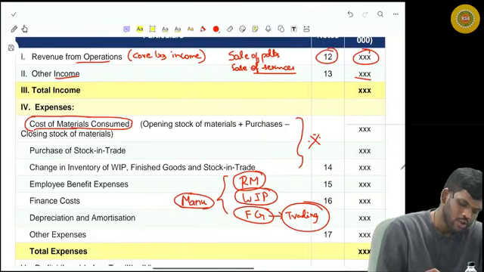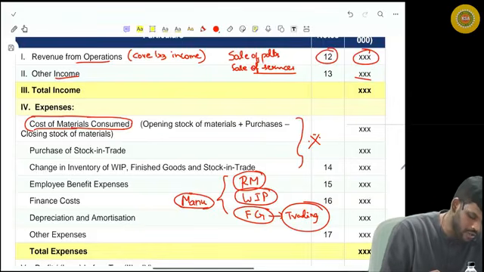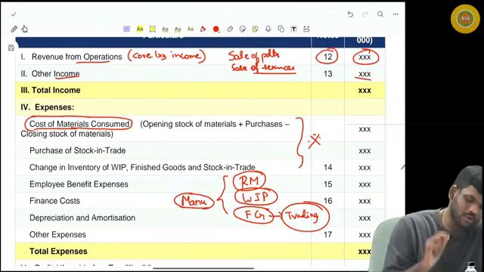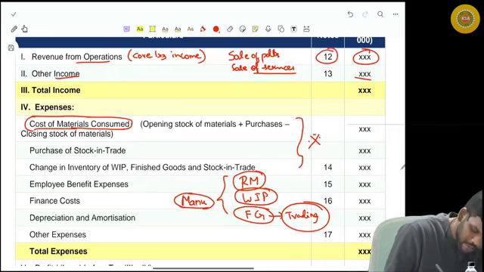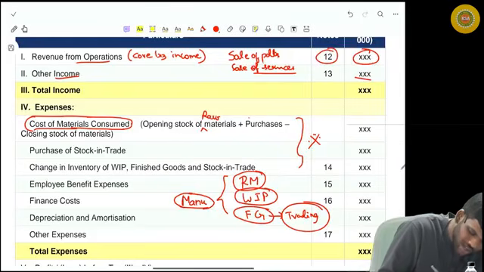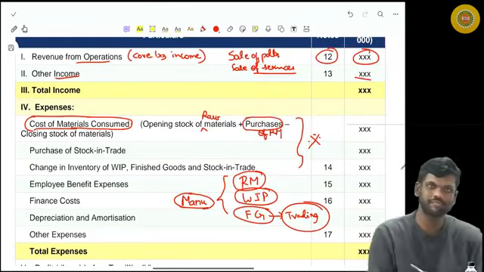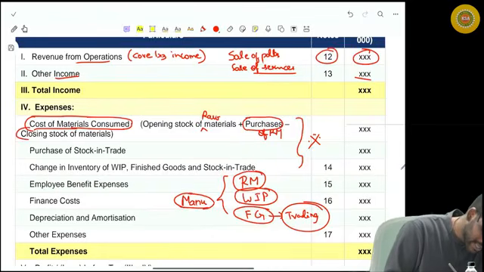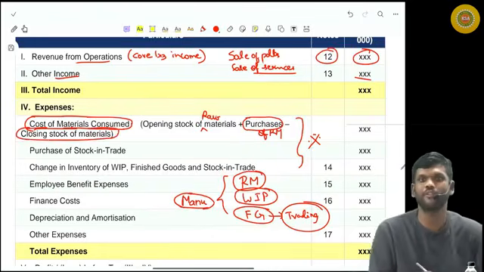First one is cost of materials consumed. Sir, how to calculate this? Listen, you take opening stock of raw materials, to that add purchases of raw materials, and then subtract closing stock of raw materials.